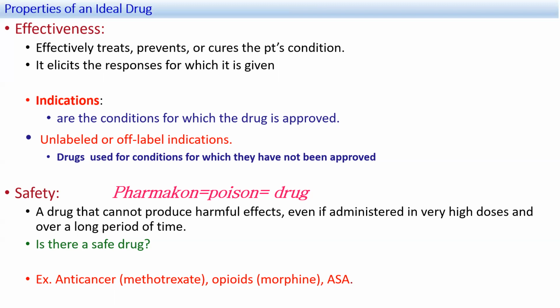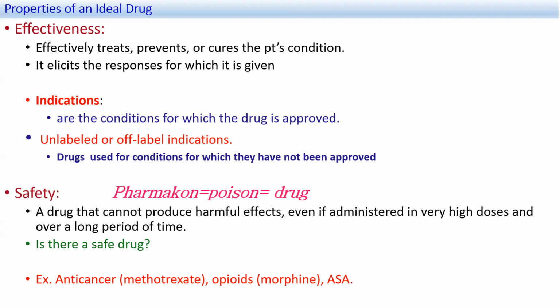Now the safety: a safe drug would be one that cannot produce harmful effects, even if administered in very high doses and over long periods of time. And as we have previously indicated, there is no safe drug. All drugs have some type of side effects and adverse reactions.